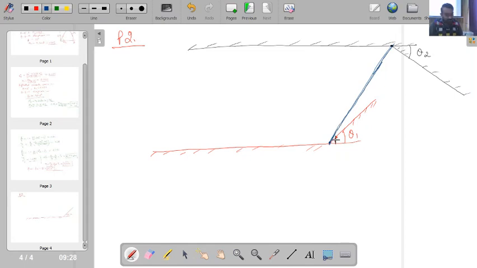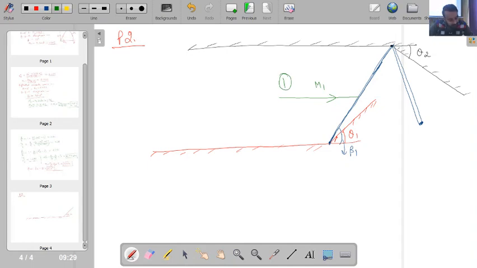Obviously this shock wave will make an angle of beta 1 over here. Fine. And then it is given that when this shock wave is reflecting, it reflects something like this. So this is the reflected shock wave. Now if I take a flow streamline, something like this with Mach number 1, all the properties here are designated with point 1.